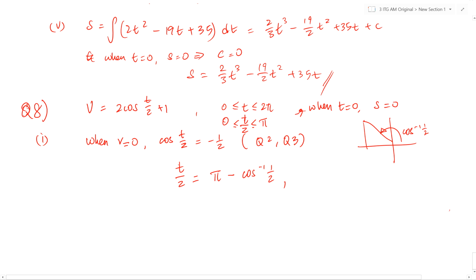Pi minus cosine inverse half. What about in quadrant 3? This over here is our cosine inverse half. So in quadrant 3, our angle will be pi plus cosine inverse half. These are our two angles. Any questions so far? Use this chance to recap your trigo. Yes?